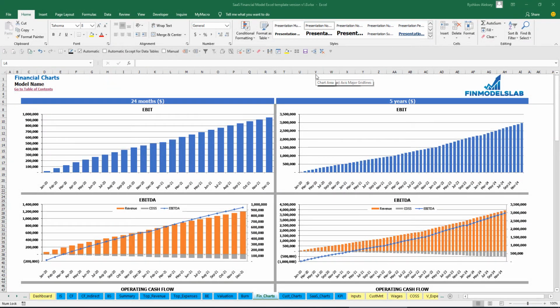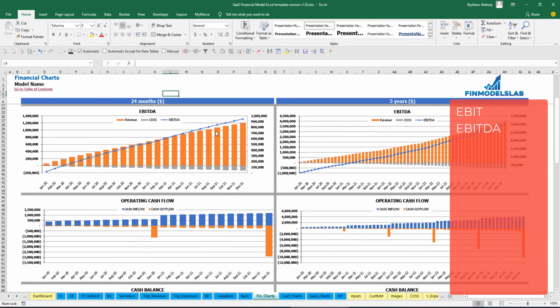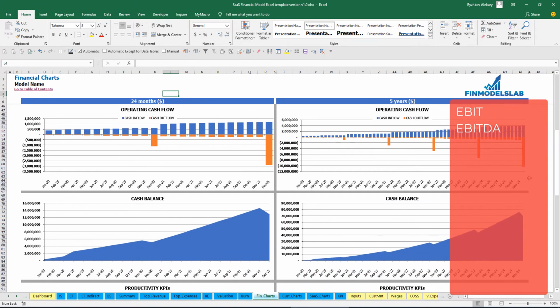On the financial charts tab, you may see the main financial KPIs broken down by 2 sets of charts, which is 2 years by months and 5 years by months. On the top you may see the EBIT, then EBITDA and detailization about the revenue and about cost of services sold by months. The operating cash flow broken down by cash inflow and cash outflow by months.